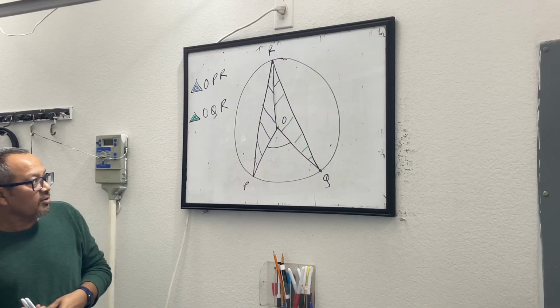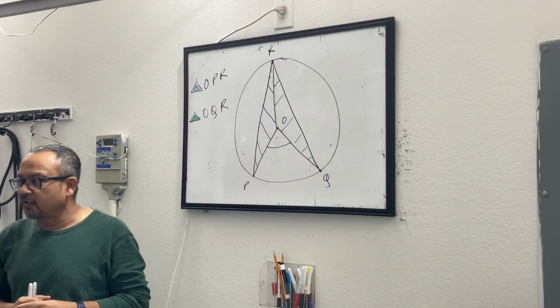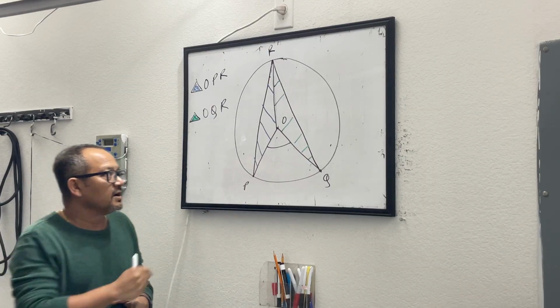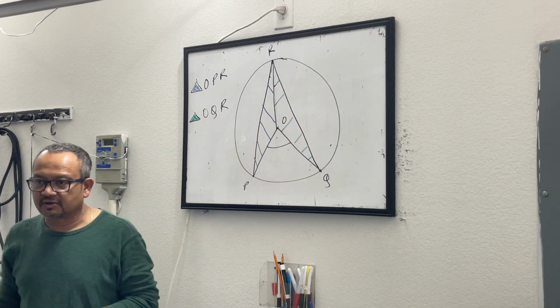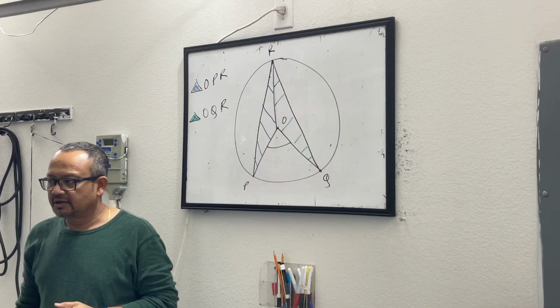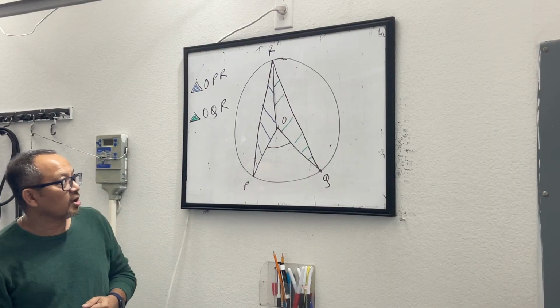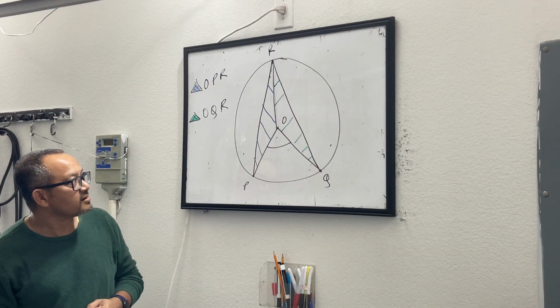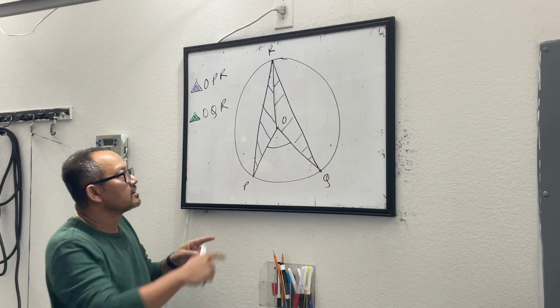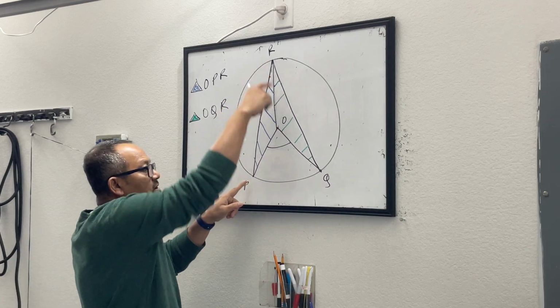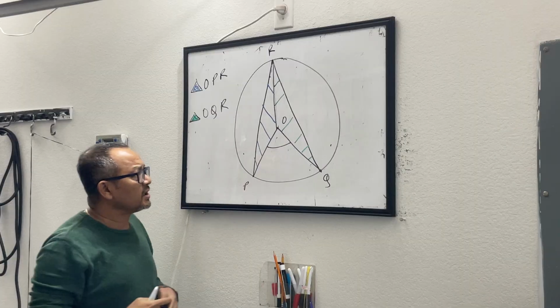Alright. Now, what I'm trying to force you guys to believe is this blue triangle and this green triangle are congruent. Do you think so? Why? It's because RQ and RP are the same because they're both the diameter. No, they're not the diameters.